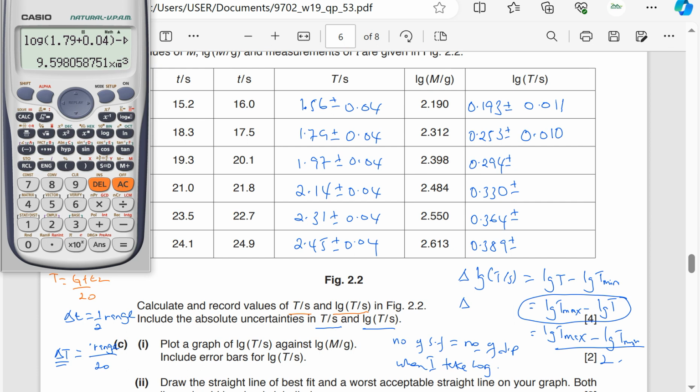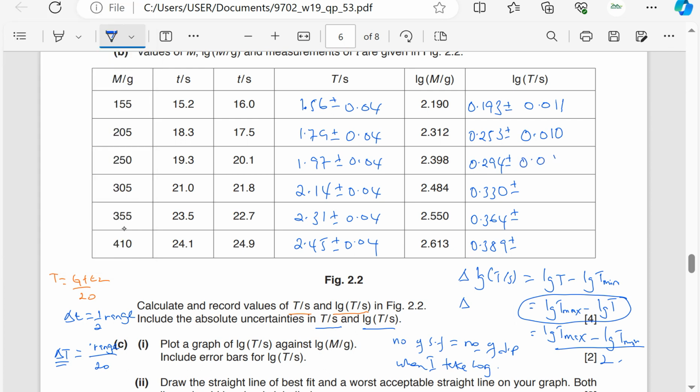Then the third one, I have log of 1.97 plus 0.04, then minus log of 1.97. I think this is 0.09.